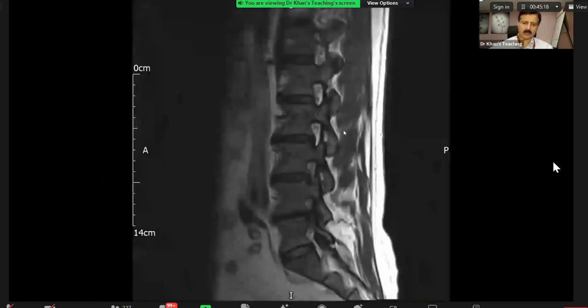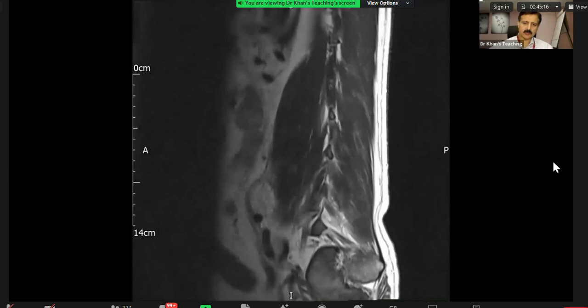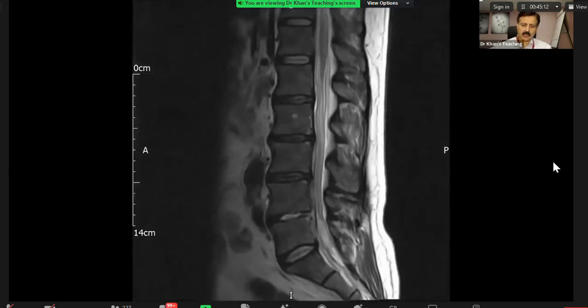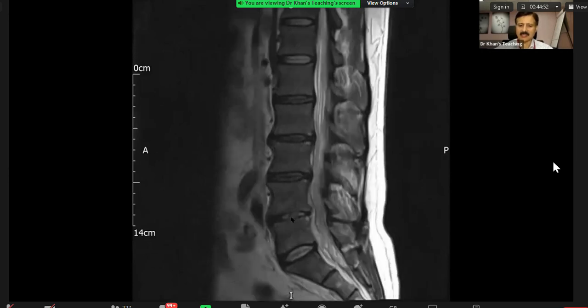Now, this is a T2 weighted sequence. The key finding here is, look at this disc. This disc is decreased in height. Now, when the disc is reduced in height, it is degenerate, meaning the nucleus pulposus is degenerative. It should not be high signal, and this high signal is like water.